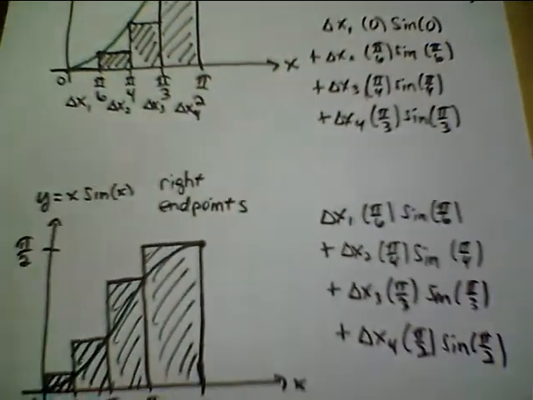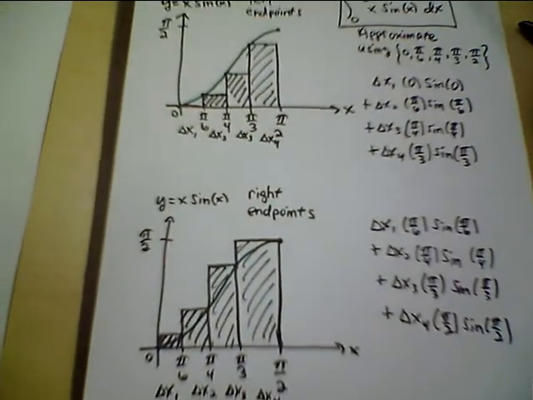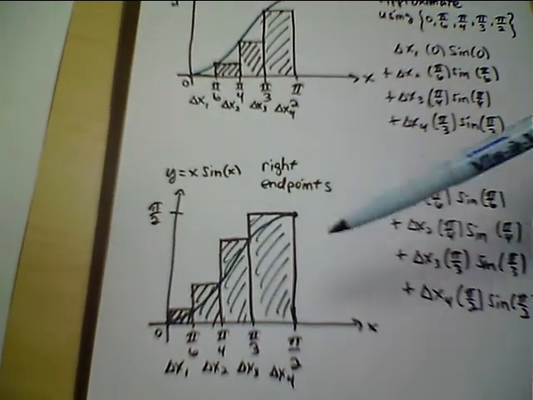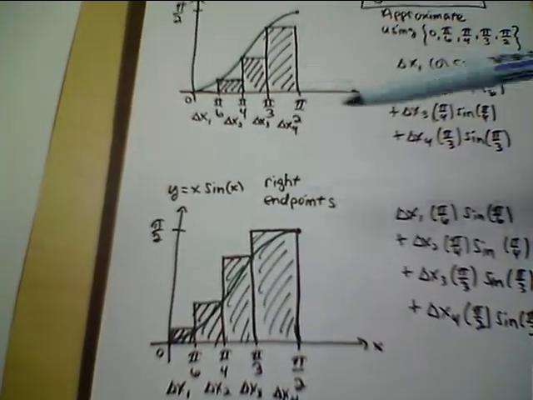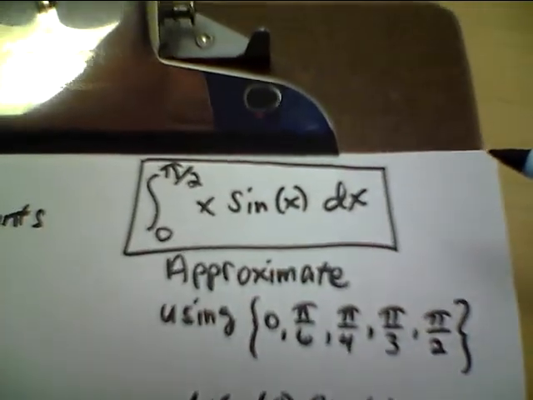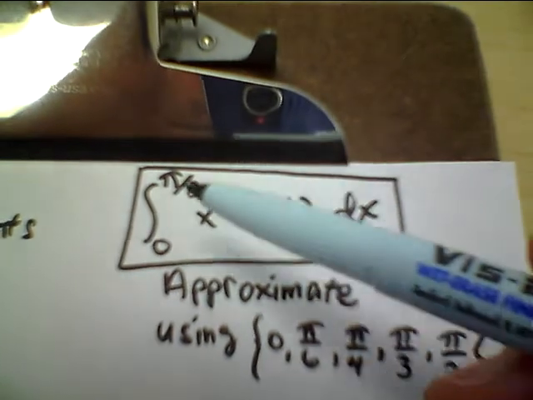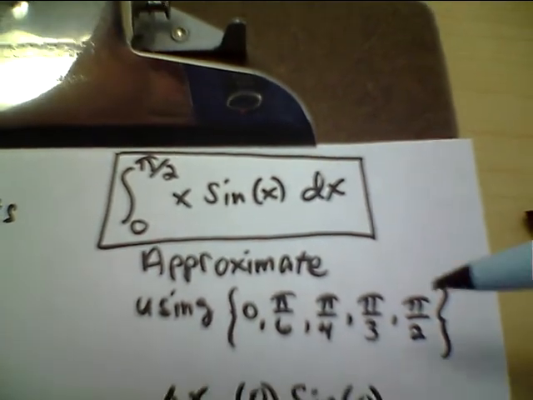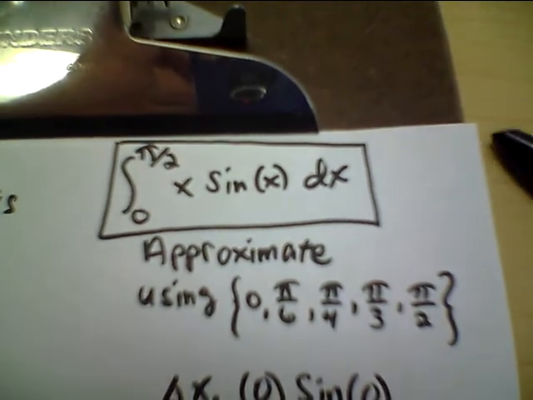So be careful when you look at the differences between the two. There's a shift. Here you get an overestimate, here you get an underestimate. Once you sum up the areas of those rectangles, you will get the approximate value of this integral over these points. Good luck.